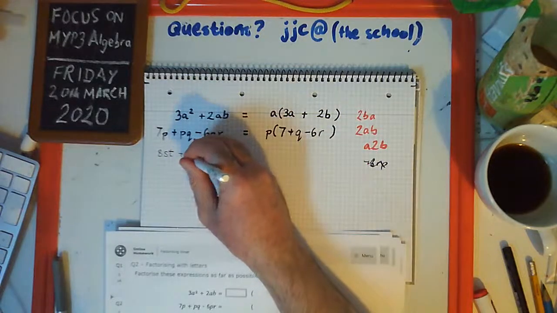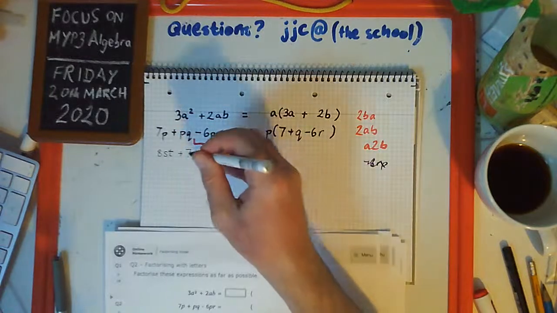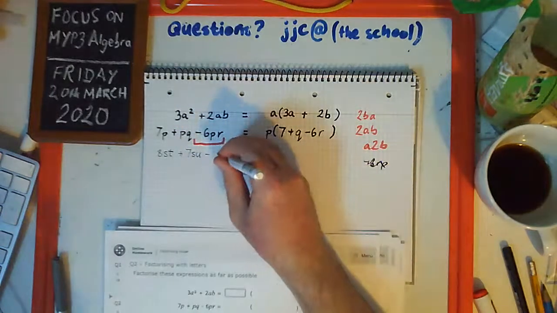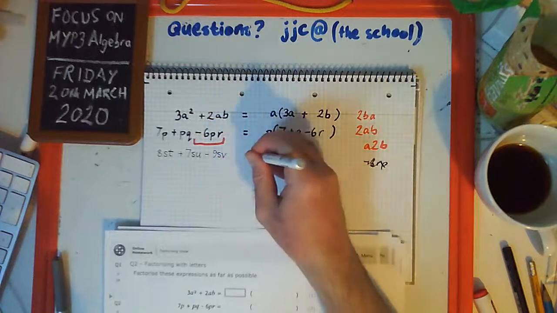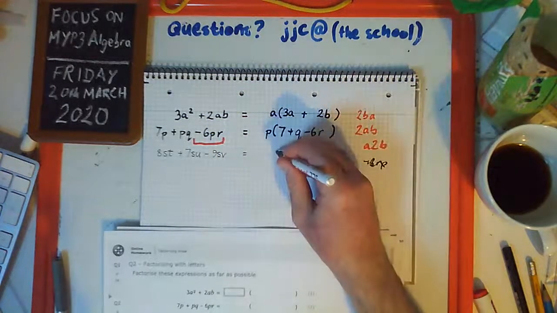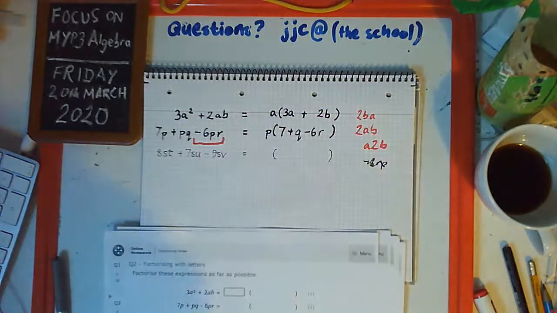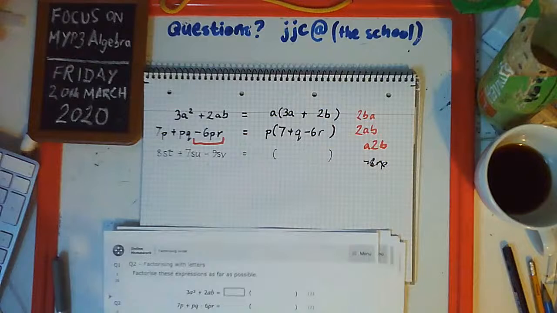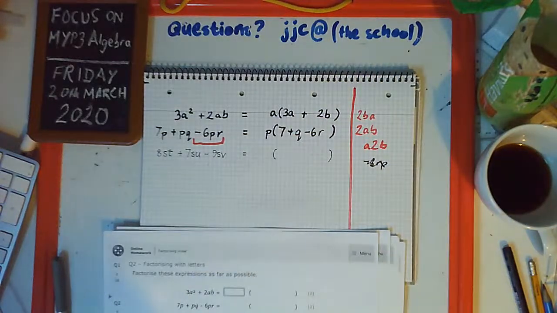Plus 7SU minus 9SV. We want to write as something times something in some brackets. Let me just draw a line there away from my rough stuff.